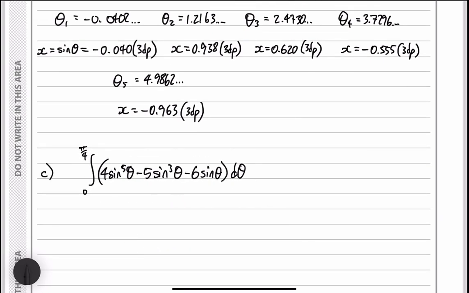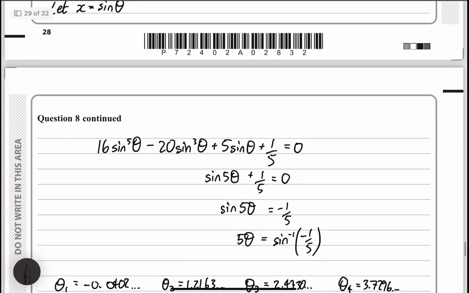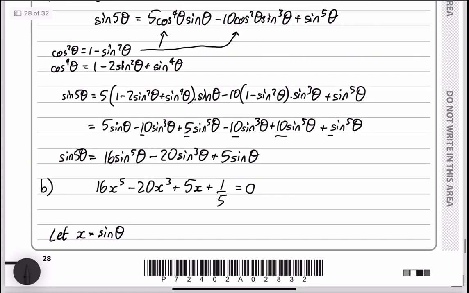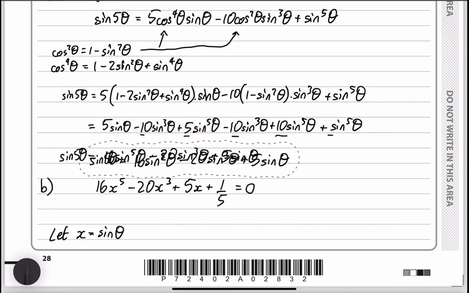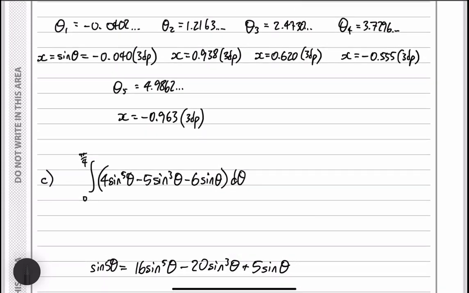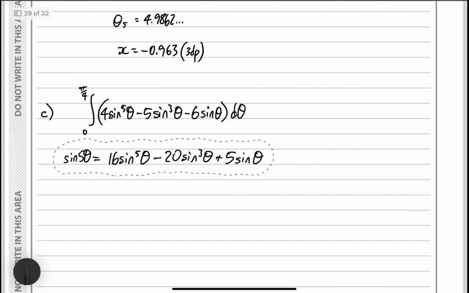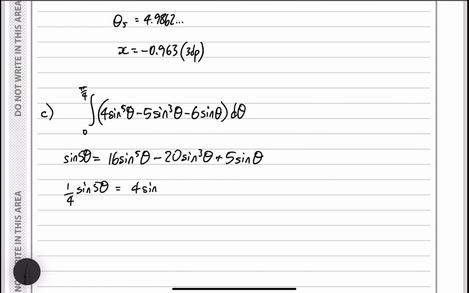This is part C, and our identity, let me drag this down as well. Okay, this is the information we've got, but you can see that they don't match. So let's have 1/4 of this. So that will give 4 sine^5 of theta minus 5 sine cubed of theta plus 5/4 sine of theta.